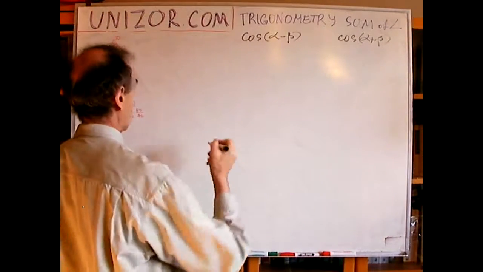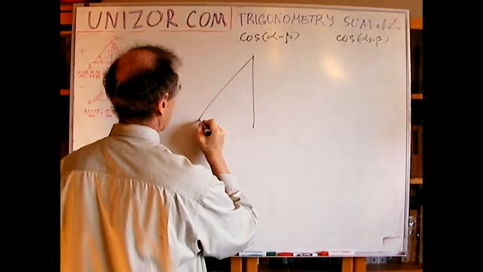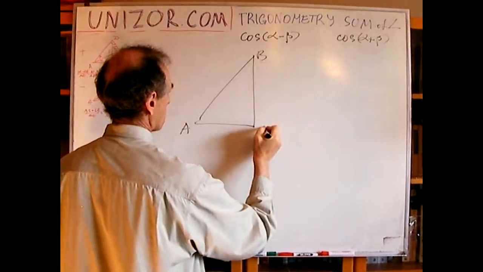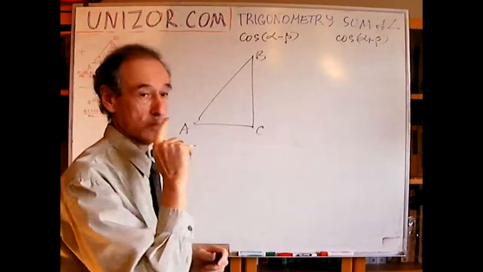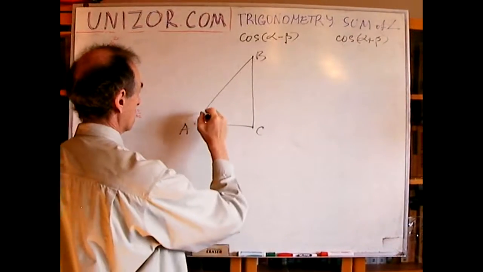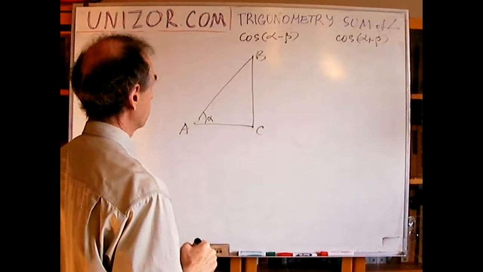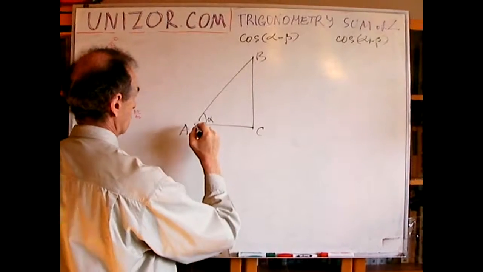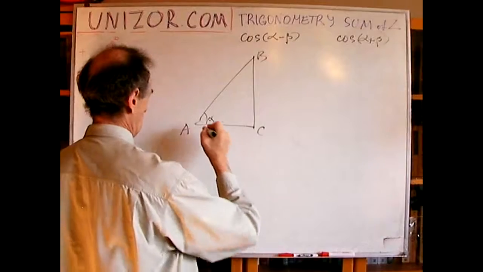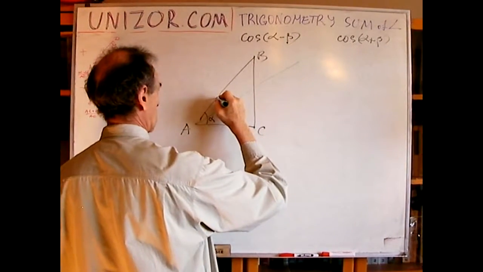Okay, so let's assume that I have the right triangle. I'll use the same letters as in my notes, so it will be clear. And this is an angle alpha. Okay, now angle beta would be here. This is beta.